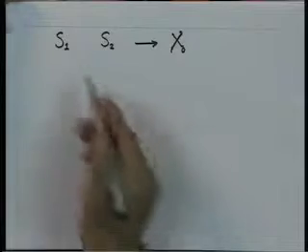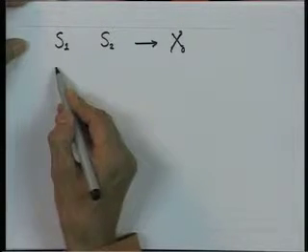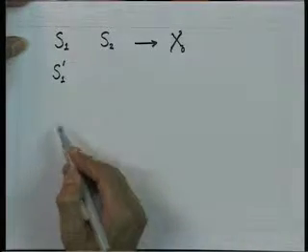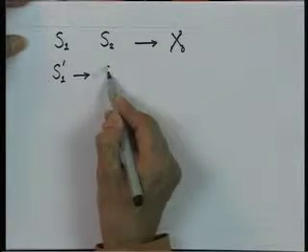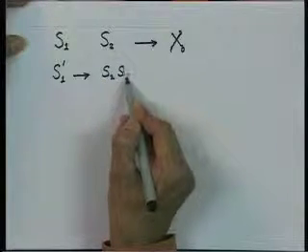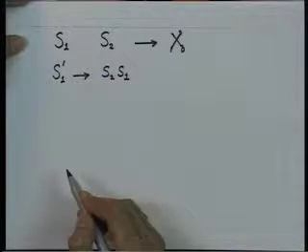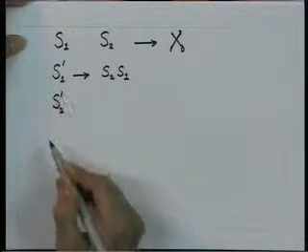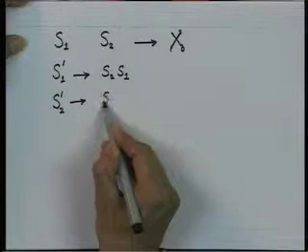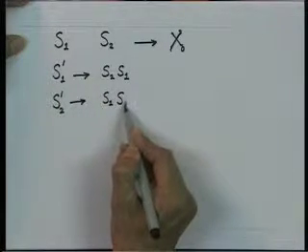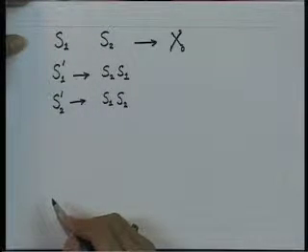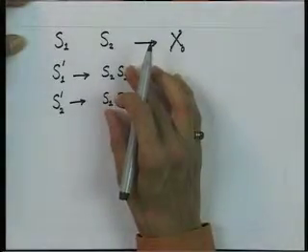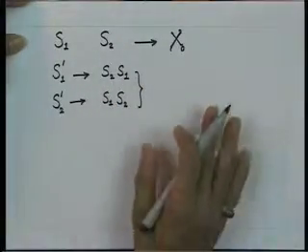Now, let us have another sequence which is S1 prime, and that is obtained by S2 followed by S1. And let us have another sequence S2 prime which is S1 followed by S2. Now, both these sequences are obviously of the same length, even if S2 and S1 are not of the same length.